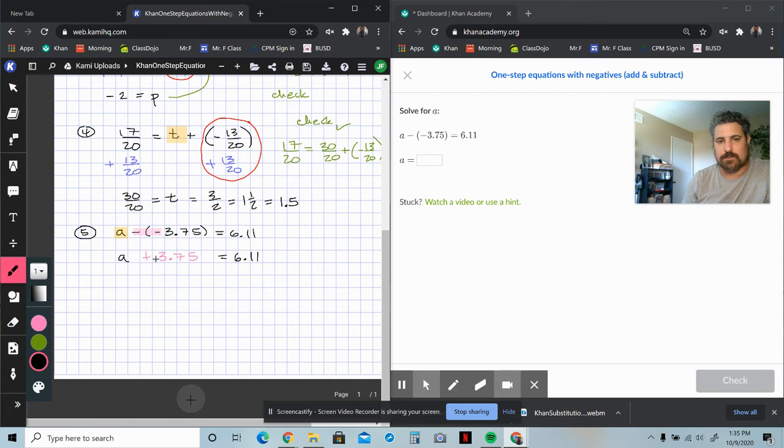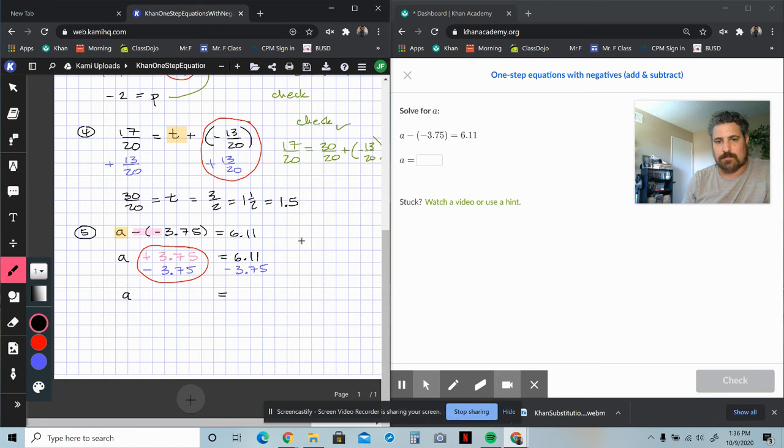So we want to get rid of this plus 3.75. So what are we going to do? We're going to subtract 3.75, not from one side of the equation, but from both sides of the equation. And so this on the left-hand side becomes a 0, because what is 3.75 minus 3.75? Nothing. And we get a is now equal to whatever this result is.